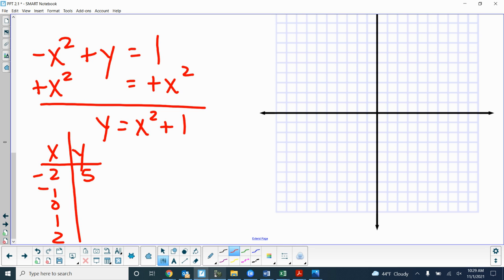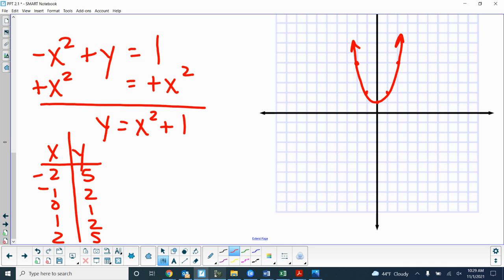Negative 1 squared is 1 plus 1. 0 squared is 0 plus 1. 1 squared is 1 plus 1. 2 squared is 4 plus 1. All right, so negative 2, 5; negative 1, 2; 0, 1; 1, 2; 2, 5. Parabola. There you go. Okay?